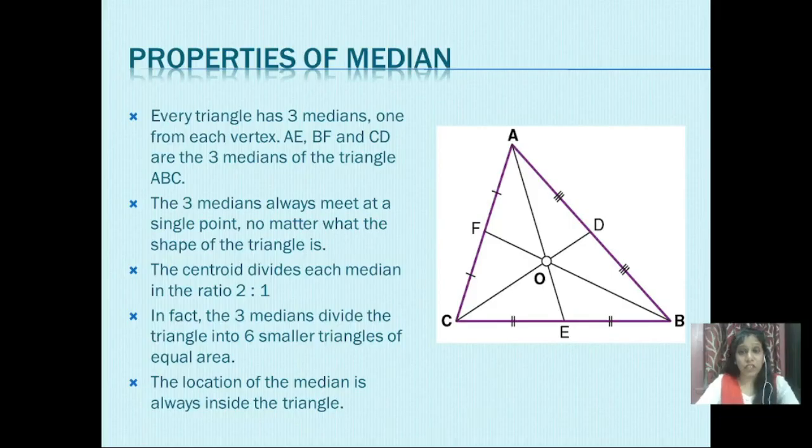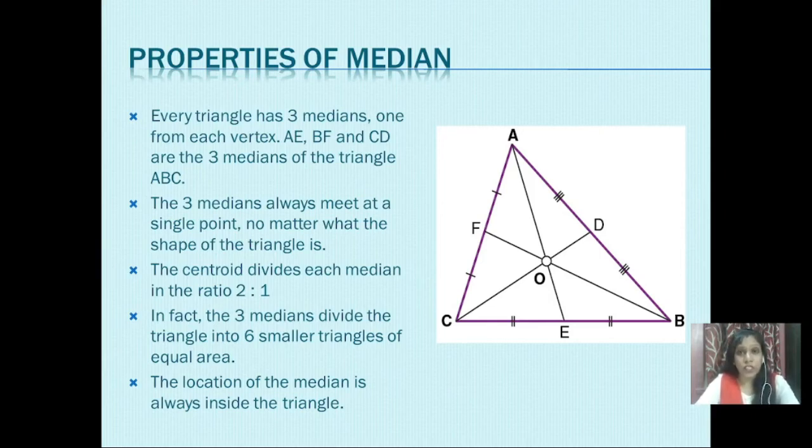Welcome back, children. I hope you understood how to draw the median of a triangle. And with this, I need you to think critically, because thinking critically can make you understand what measurements, which triangle, and how the medians and the altitudes are drawn. Correct?